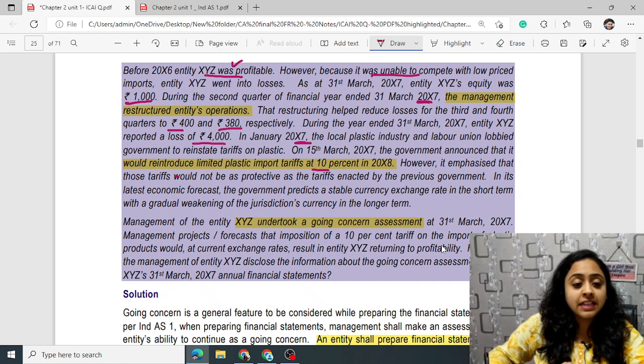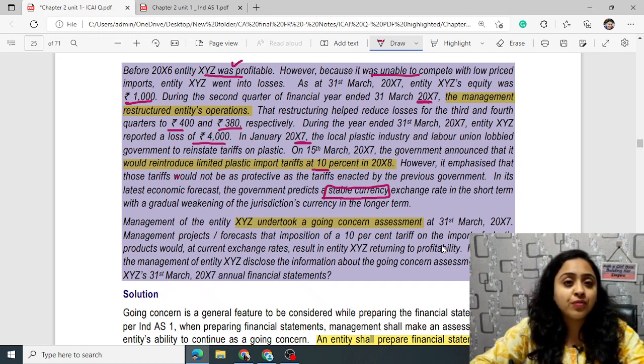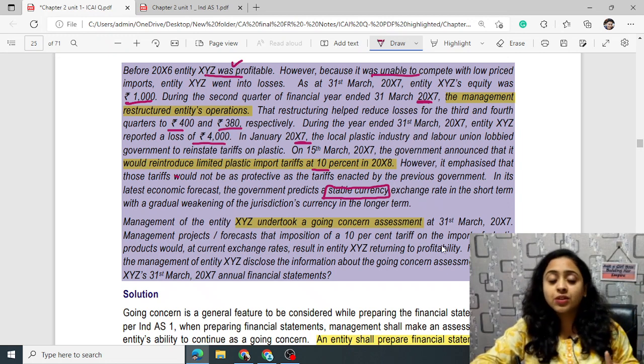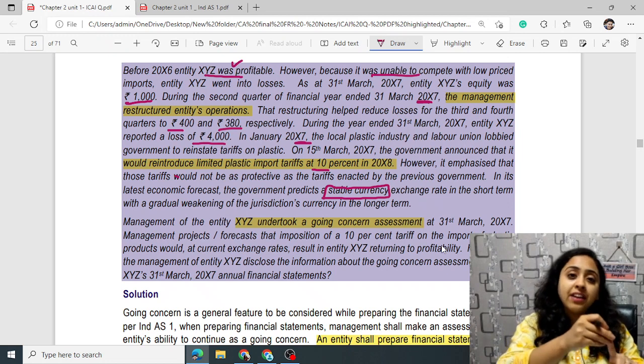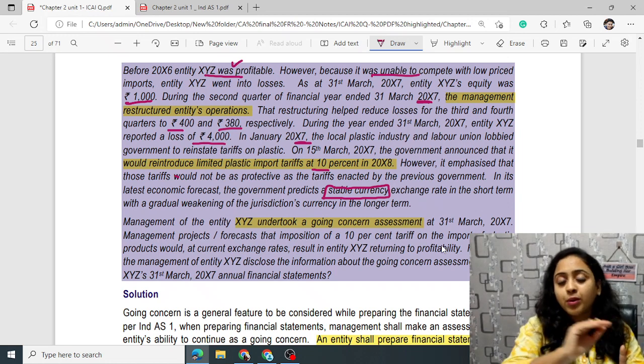In its latest economic forecast, the government predicts a stable currency. There will not be a situation where the currency is getting less powerful, and that's how they will not be going into losses. If the import duties are reinstated, imports will become a little higher priced, and the XYZ entity will be able to compete.